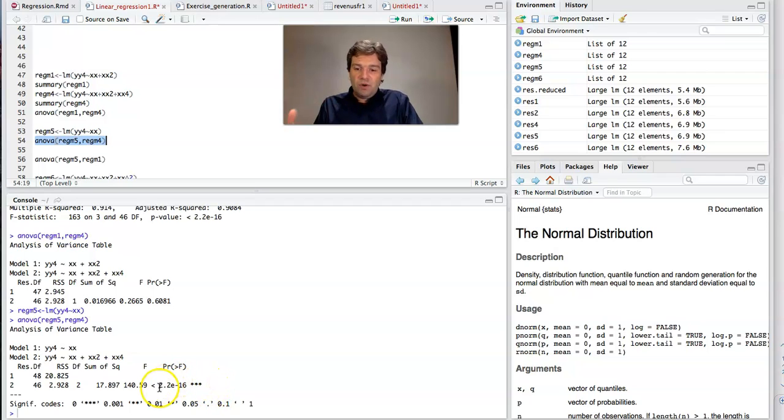Therefore, the p-value here is almost 0. We thus can say that with respect to a model that only contains age, it is really interesting for the explanatory power to insert the 2 additional covariates, education level and height.